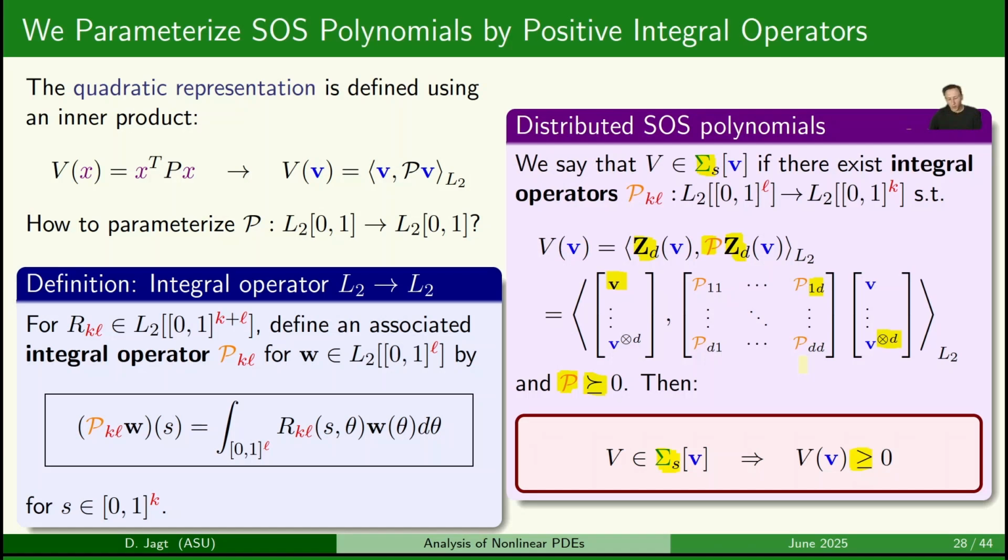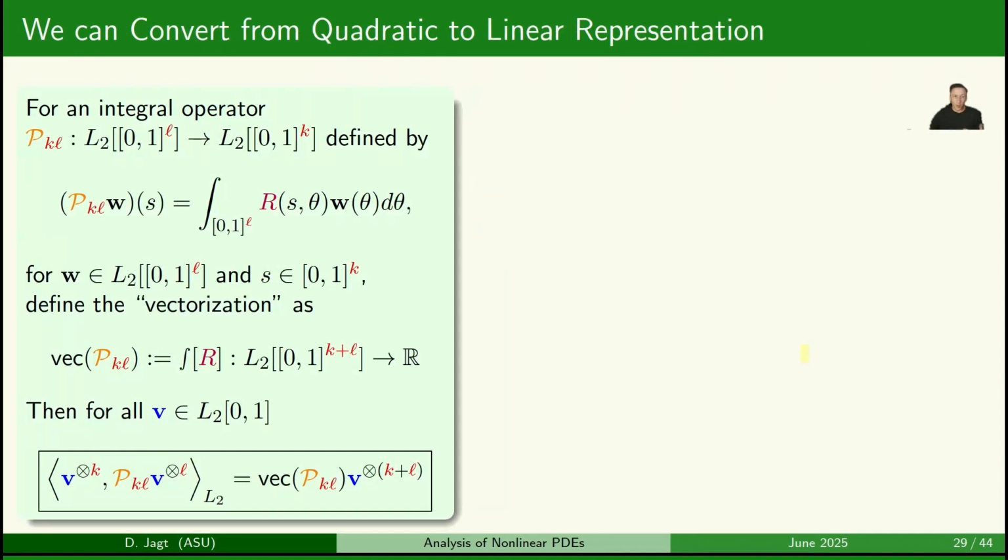Okay, of course, again, the quadratic representation is not unique, but we can convert from the quadratic representation to the linear representation in this infinite dimensional setting as well. In particular, if we have such an integral operator mapping a function in L variables to a function in K variables, we can define the associated vectorization of this operator as the integral associated to the kernel R. So this integral will map a function in K plus L variables to just a scalar value.